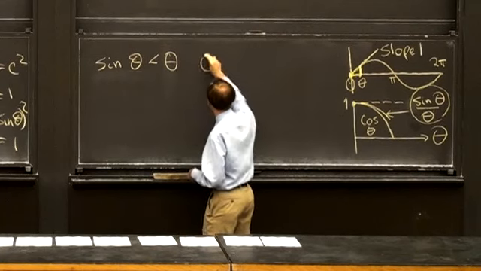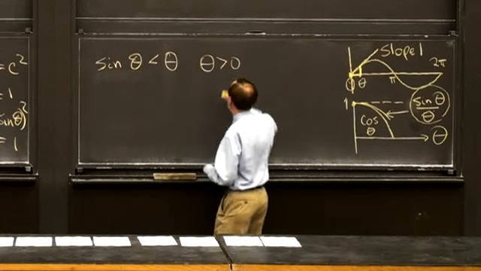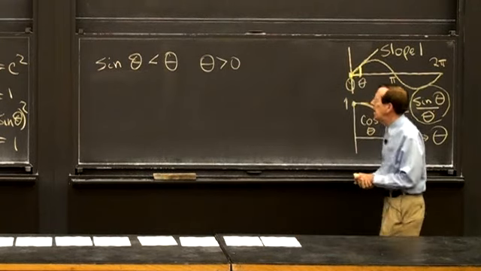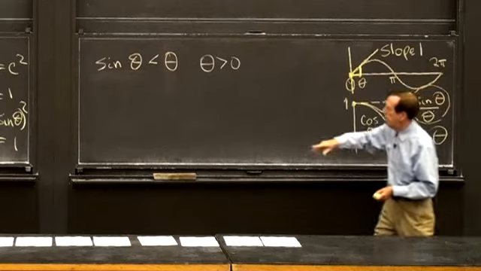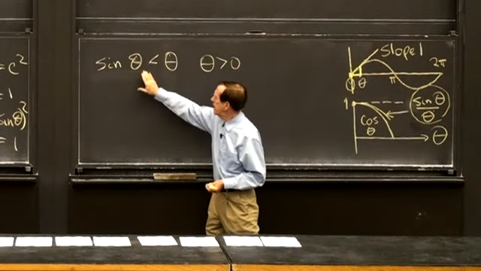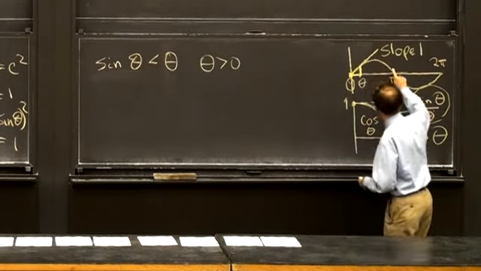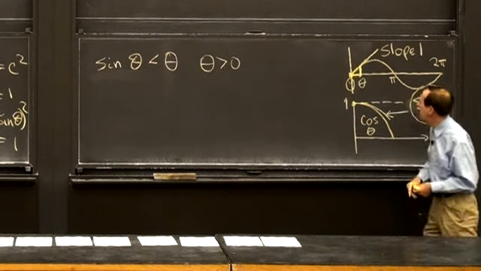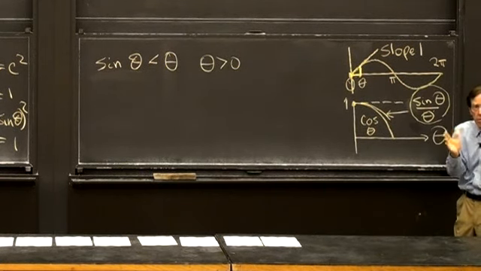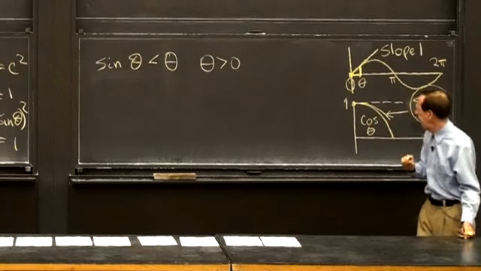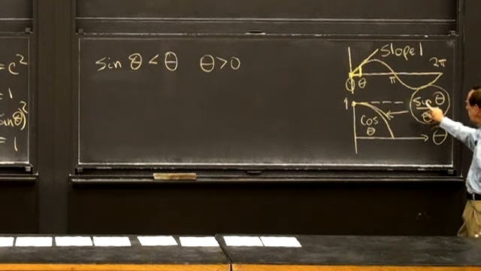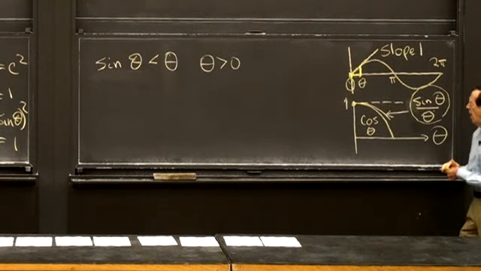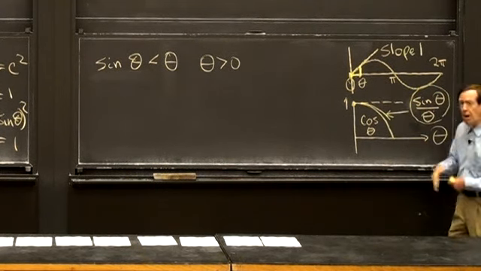This is for theta greater than 0. Okay. So that tells me that this curve stays under that straight line, that 45-degree line, which I'm claiming is the tangent line. And when I divide by theta, it tells me that sine theta over theta is below 1. But now, how much below 1?